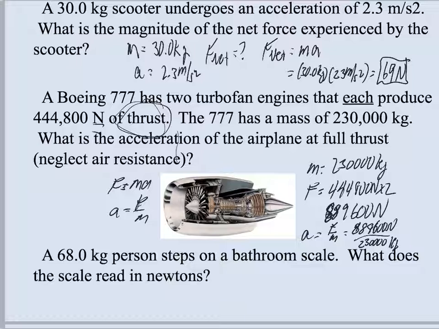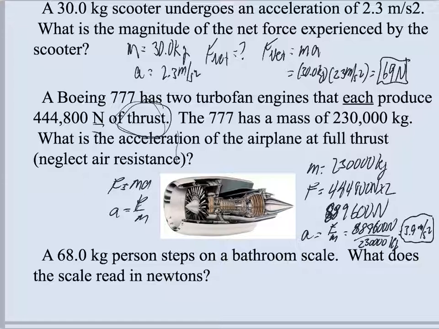When we divide 889,600 by 230,000, we get 3.9 meters per second squared. So that would be our acceleration for the Boeing 777.